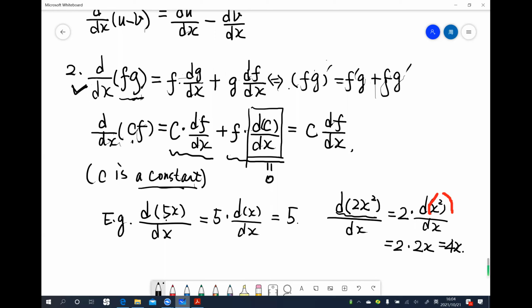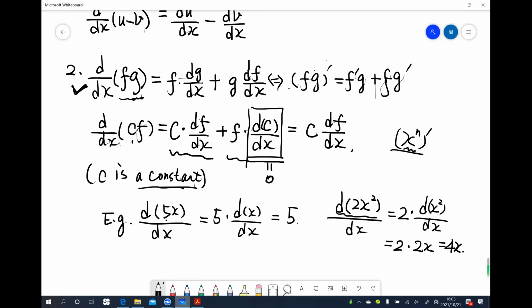Of course, you can calculate it directly, but our formula is (x to the power n)', where the constant before x to the power n is 1. So we use this product rule, then we can use the formula. Can you understand now? Yeah.